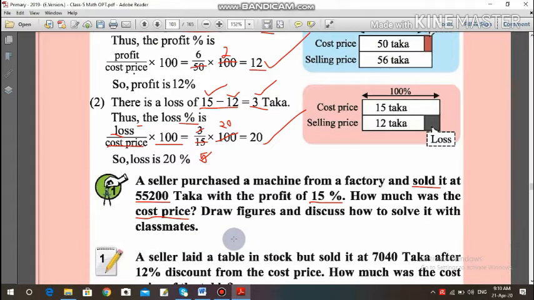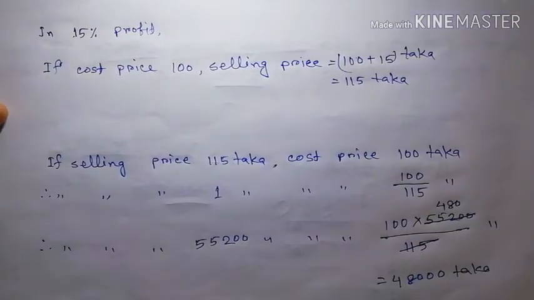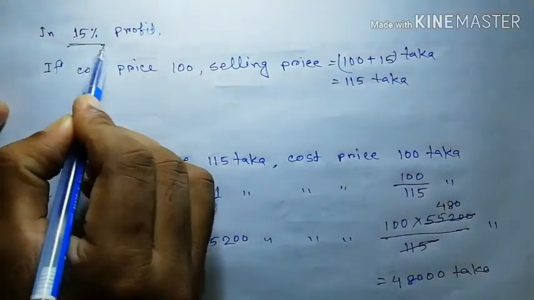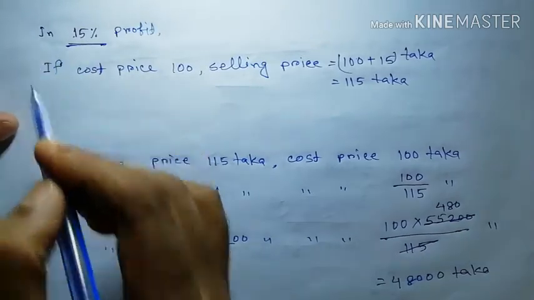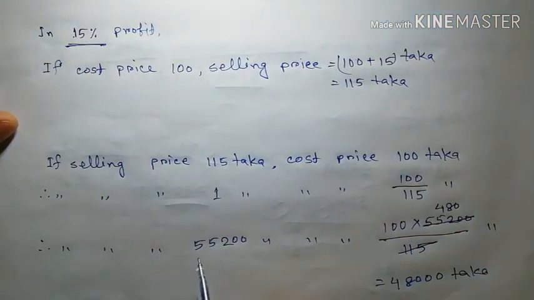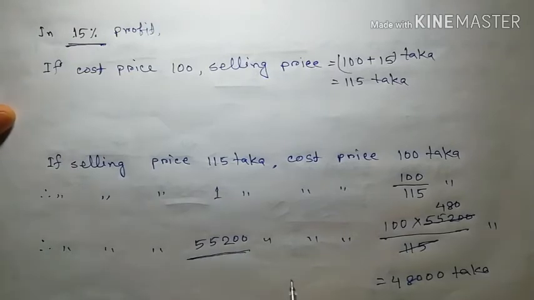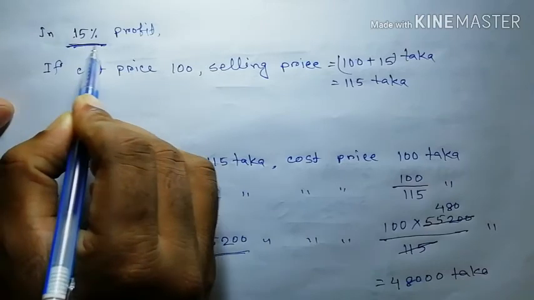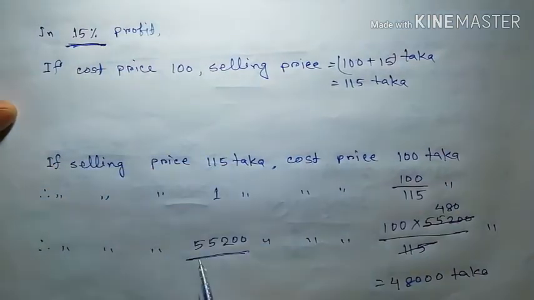My dear students, you can see the problem on screen. The profit percentage is 15% and selling price is 55,200 taka. Now we solve the problem.